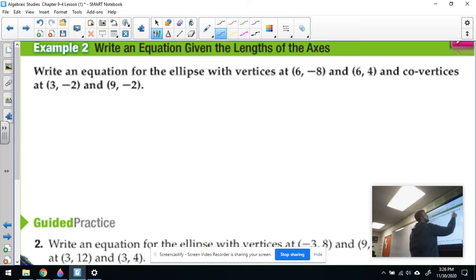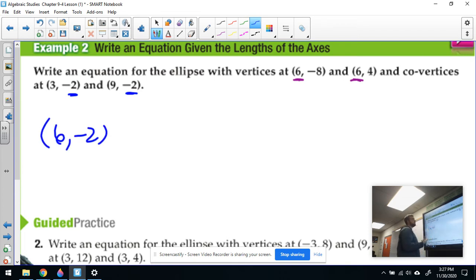I had 6 for both x's of my vertices, and for my co-vertices, y stays the same at -2. So how do you think we can figure out what our center is? Our center, h, k, ends up being 6, -2.